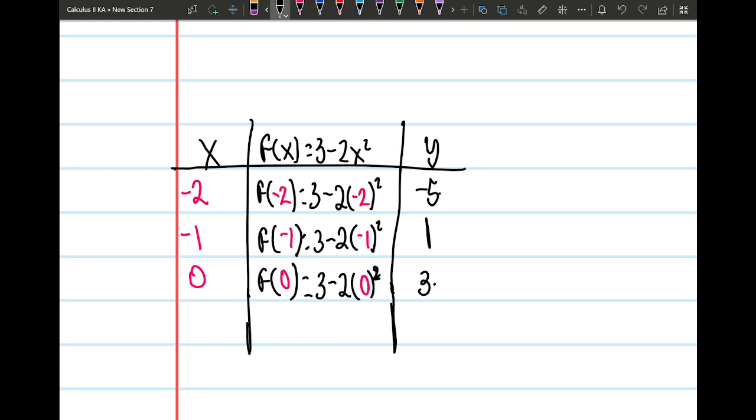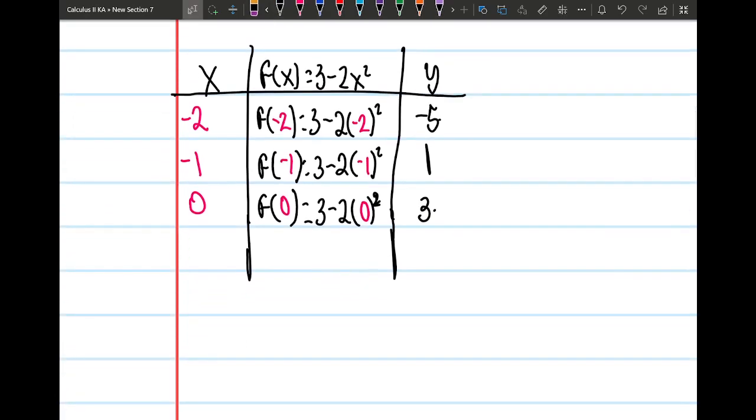And then when x is equal to 1, f of 1 is equal to 3 minus 2 times 1 quantity squared. This becomes 3 minus 2, which is just 1.